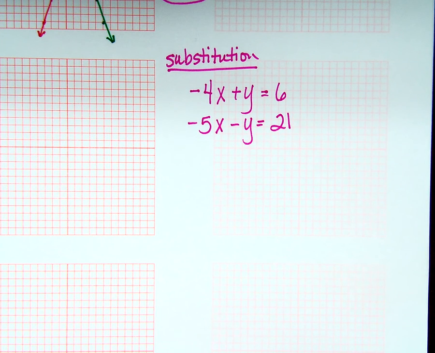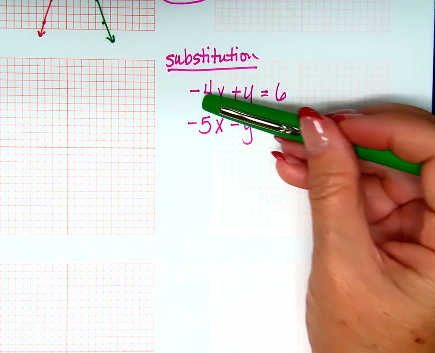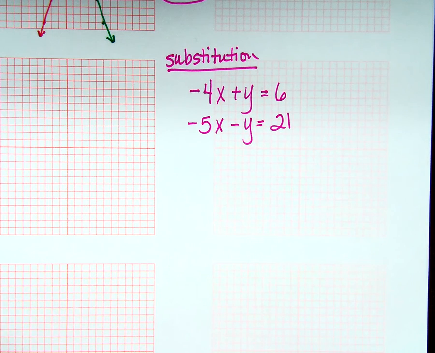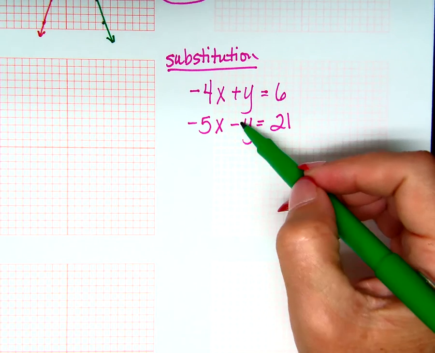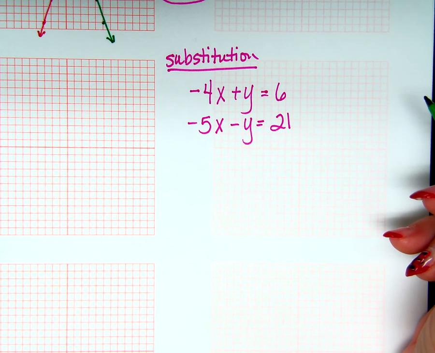So what we have to do first is decide which variable we are going to solve for, because we're going to choose one of these 4 variables to solve for, to isolate, to get by itself. Now what I always look for is the smallest positive coefficient. Which one of these variables has the smallest positive coefficient?